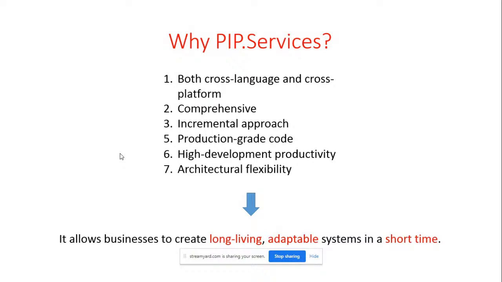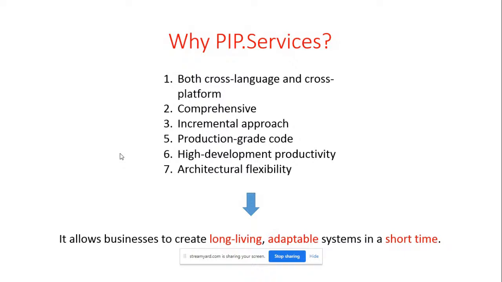For that, we need several properties that Pip.Services has. First is cross-language and cross-platform. It means that even if a new language appears, you could create your own language, following the same patterns, and you could create language number 7.